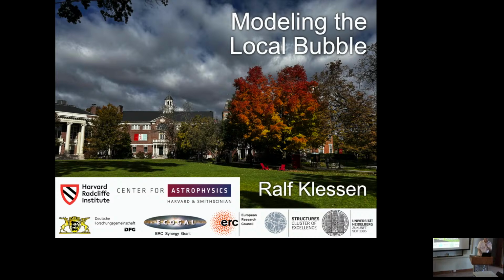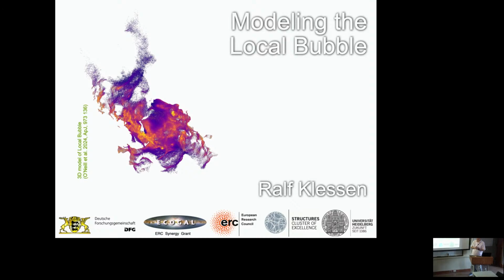So the local bubble, I think many of you know what this is about. So Theo, I promised you I'd take one of the most recent pictures of the three-dimensional structure of the local bubble. Remember, the sun is embedded in this relatively tenuous, relatively hot ionized bubble produced by multiple supernovae over the course of the last, maybe 20, maybe 30 million years.